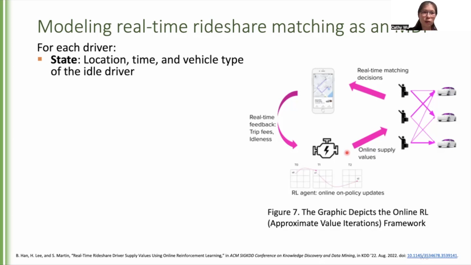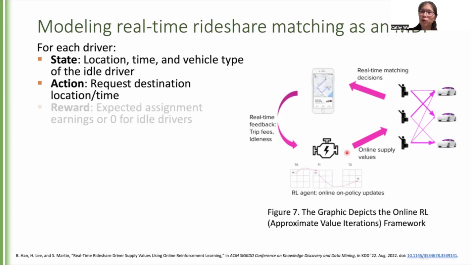The action would be the request destination, location, or time. And then the reward would be, well, what would be, say, the profit or the satisfaction of completing that request? And it would be 0 if the request is not accepted.